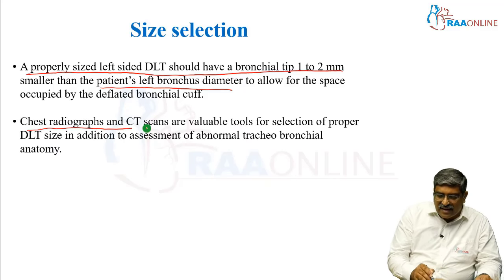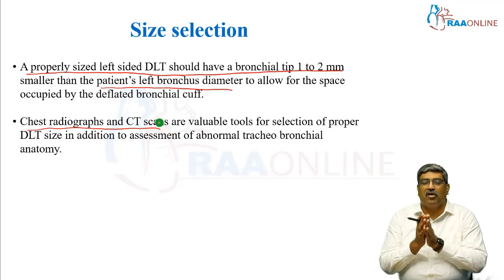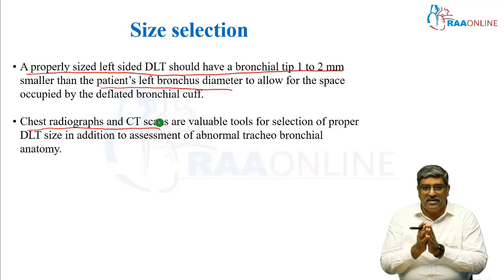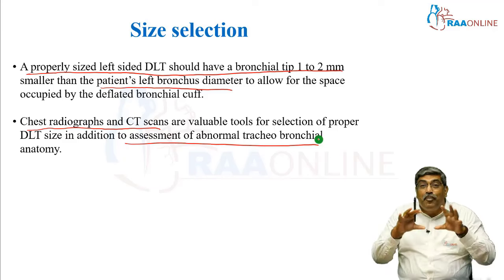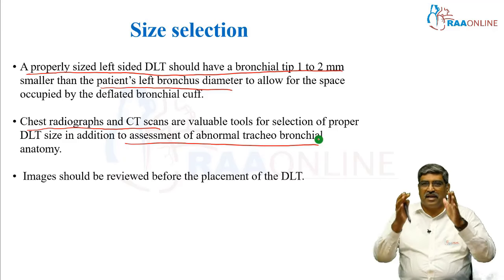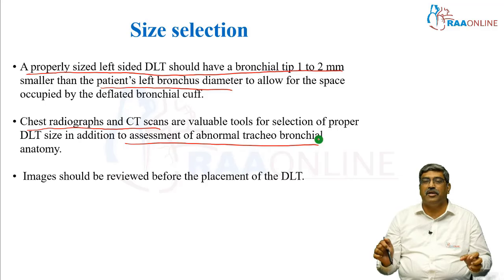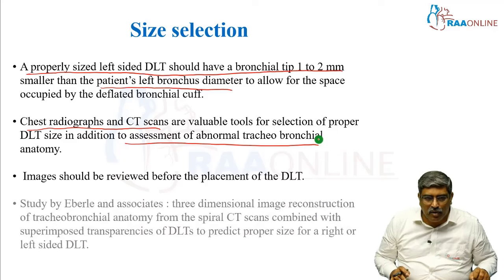Your chest X-ray and CT scan are valuable tools for selection of proper double lumen size. In addition, they give an assessment of any abnormal airway anatomy. The X-ray images as well as the CT images should be analyzed before the placement of the double lumen tube.